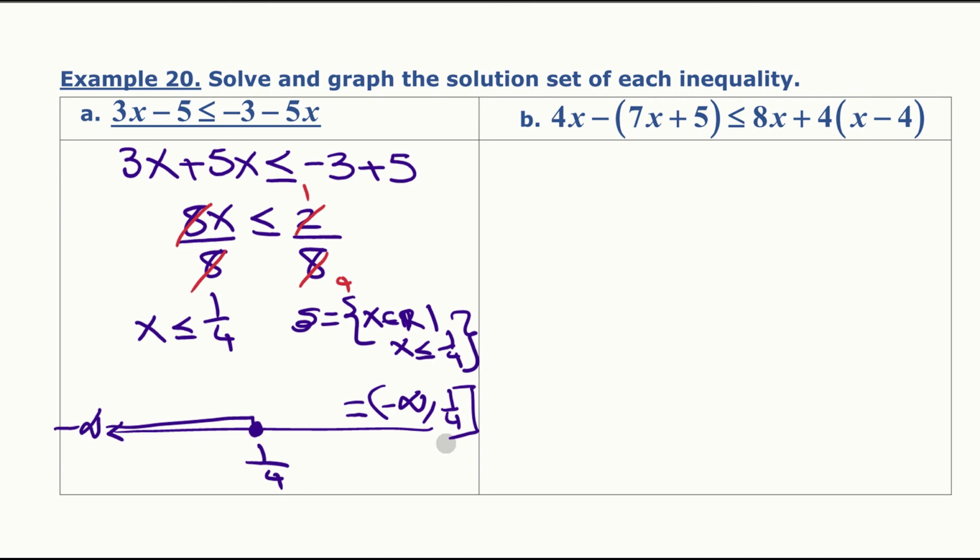All right, for this next one, it's not that much harder. It's just there's some simplifying that we need to do on each side. So we go ahead and start with 4x, and now we're going to distribute the invisible 1, remember? So we end up with minus 7x minus 5 less than or equal to 8x.